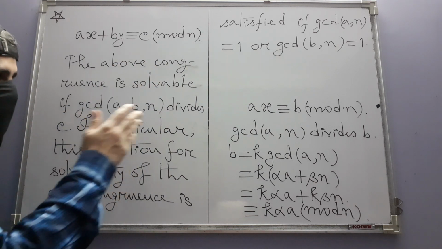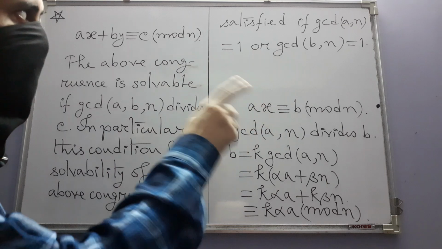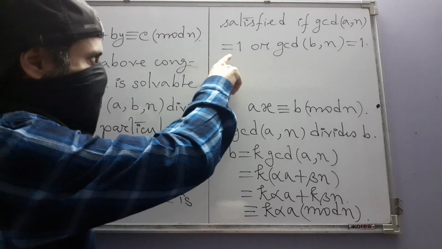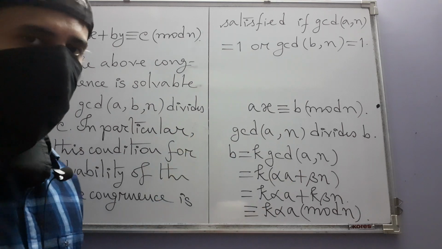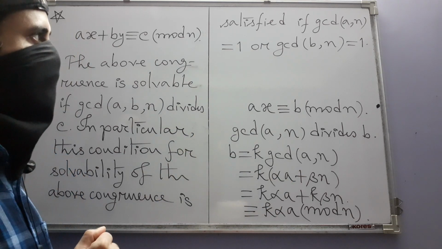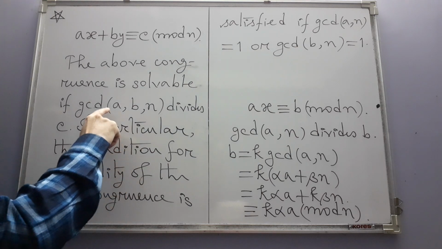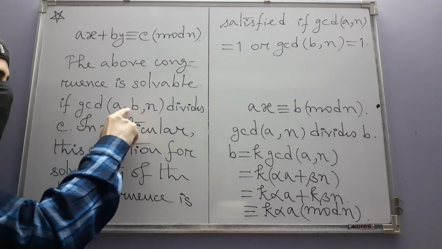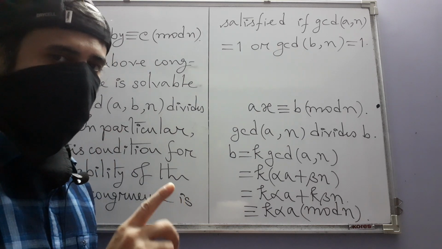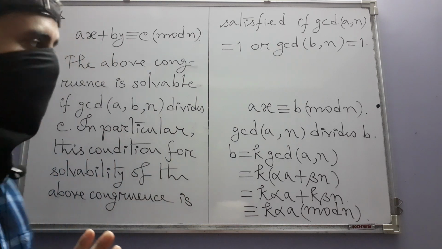If A and N themselves are relatively prime, okay, there is no common prime divisor between A and N. That's what being relatively prime means. Then obviously there is also no common divisor between A, B and N other than 1. I mean, I am talking about positive divisors.